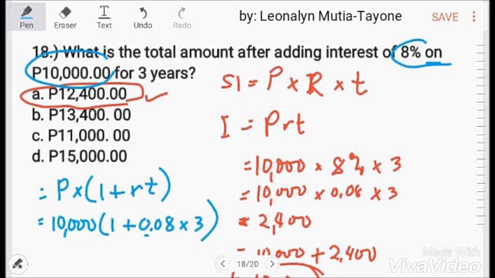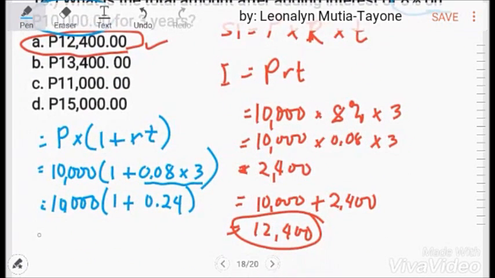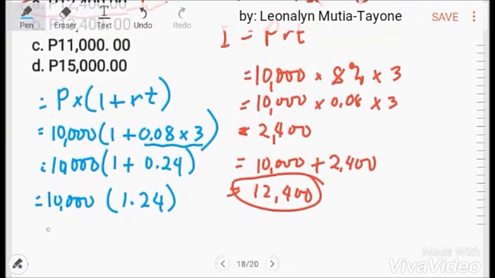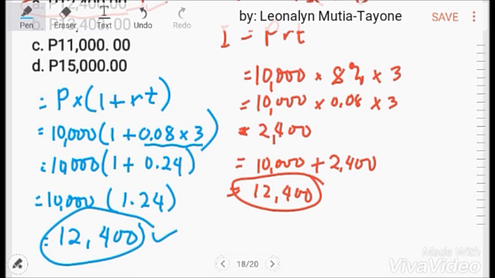So, syempre unahin natin ito. 10,000, 1 plus 0.24. And that is equals 10,000 ulit times 1.24. And this is equals to 12,400. So, ganun pa rin ang answer.